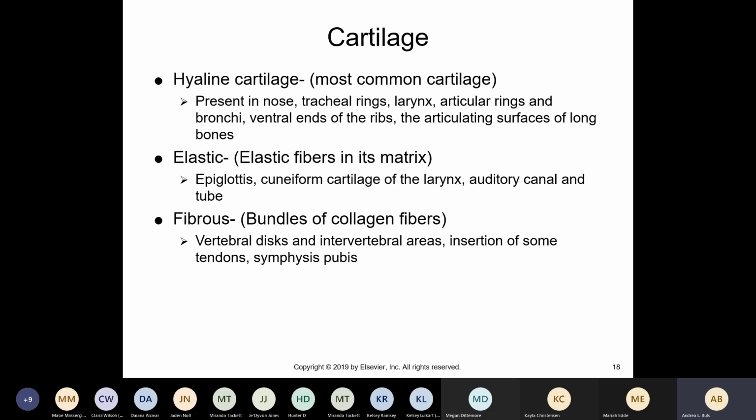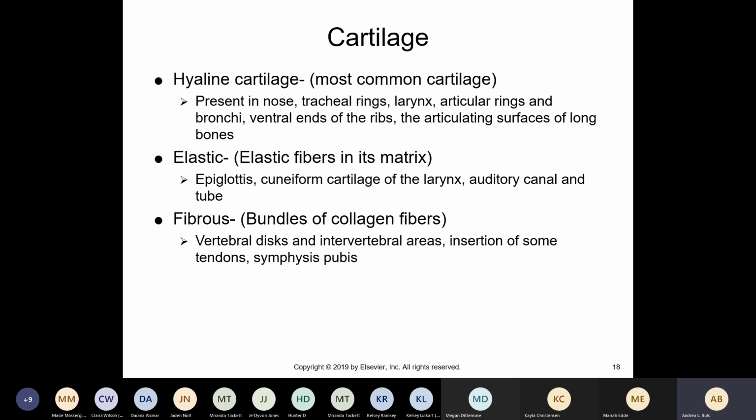Elastic fibers are the epiglottis, the cuneiform cartilage of the larynx, and then the auditory canal and tube are elastic. And then fibrous cartilage is found in our vertebrae, those discs that are in between our vertebrae. And then they're at some insertion points of our tendons.